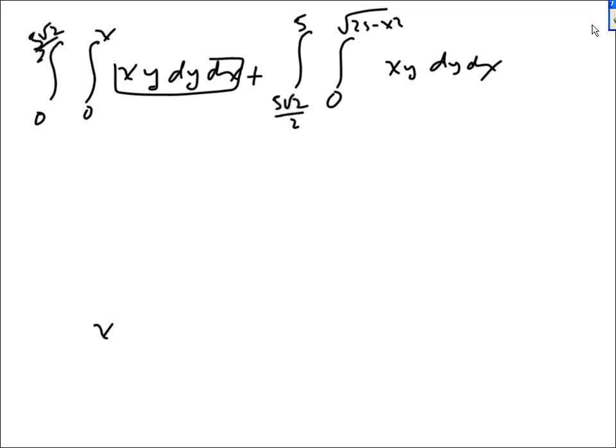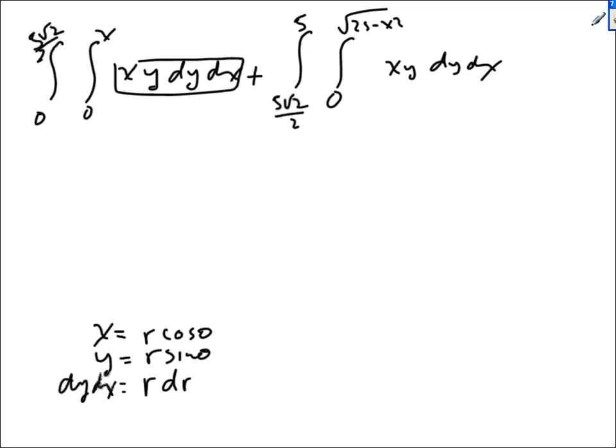Let's figure out what those pieces will be. You know that x is r cosine theta, y is r sine theta, and dy dx, which is the same as dx dy, is r dr d theta. You multiply the left, you get what I have boxed in both integrals.